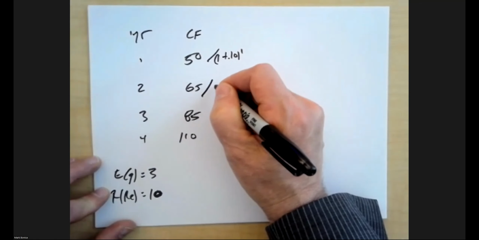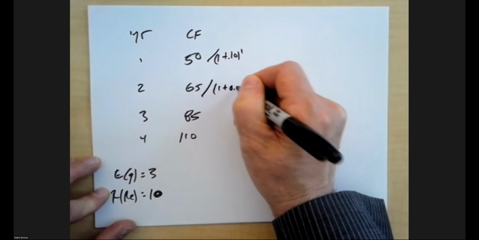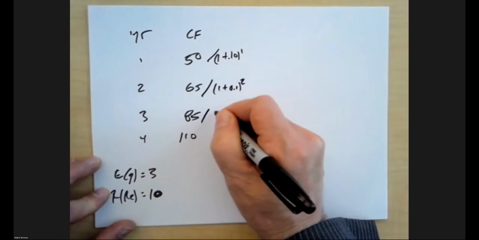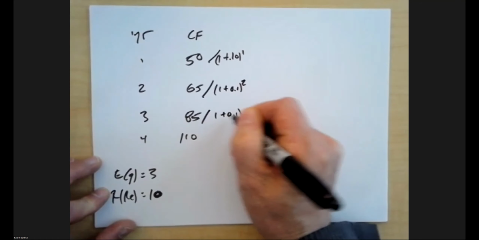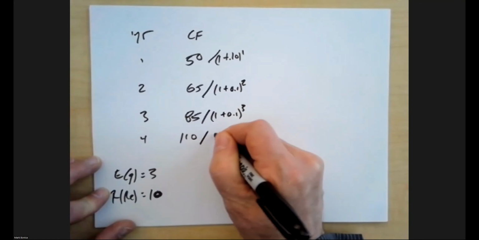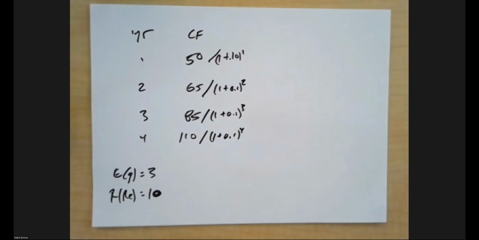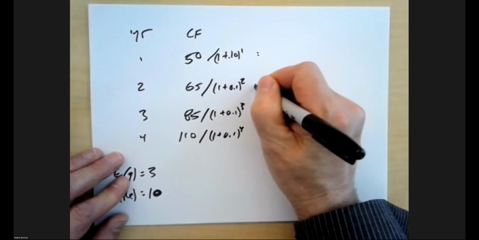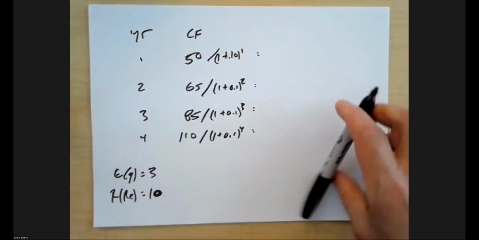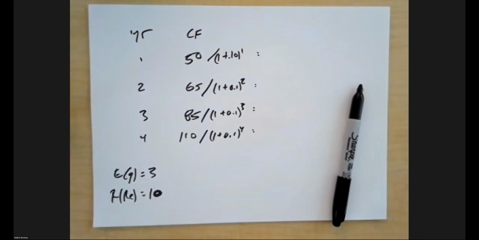This one would be 1 plus 0.1 to the second power. This one, 1 plus 0.1 to the third power. This one, 1 plus 0.1 to the fourth power. So that's one way to do it.